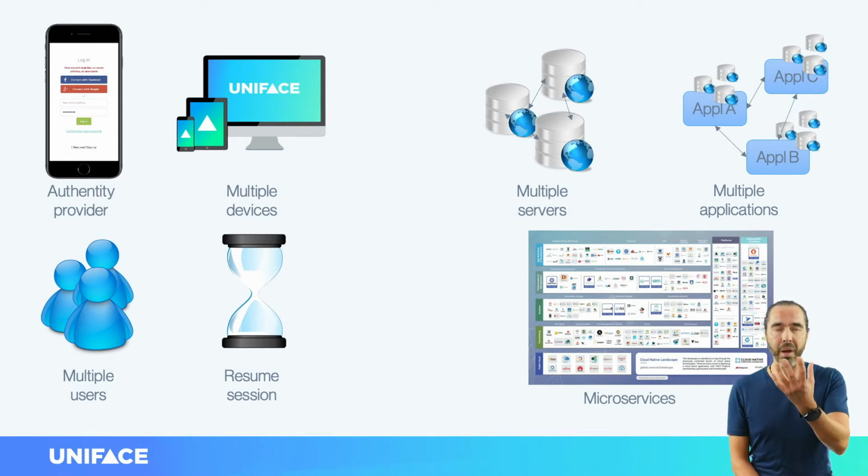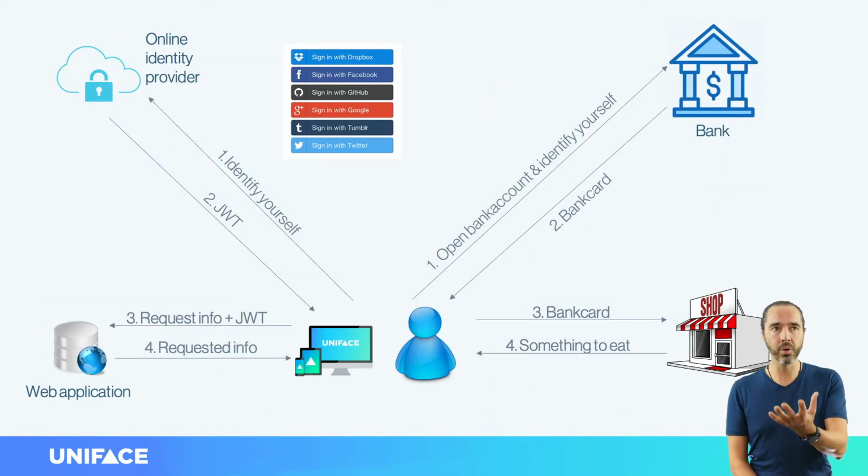It's like having a bank card that is valid for only one day and you can use it in one shop. We don't want that, so we need another solution. We need an online solution that is nearly the same as the bank card process. But instead of going to a bank, we go to an identity provider.